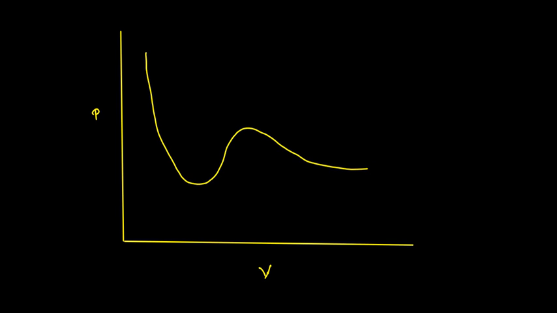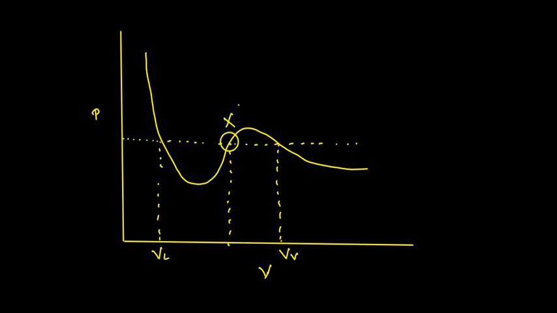And when I take a horizontal line and look at these two volumes, I find that this is VL, volume of liquid, and this is VV, volume of vapor, but this one actually falls within the unstable region.